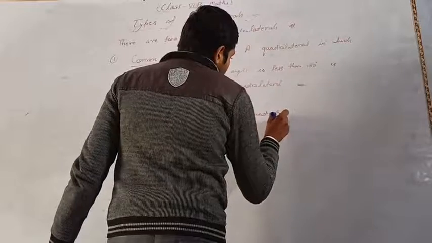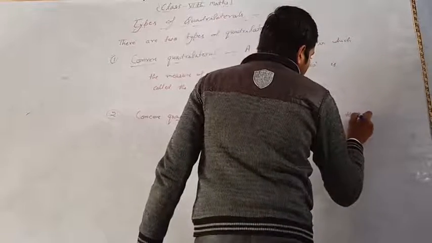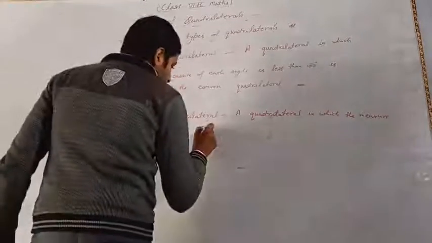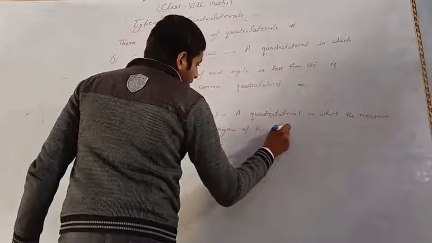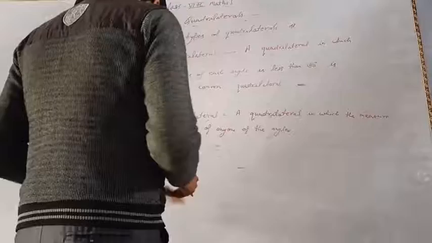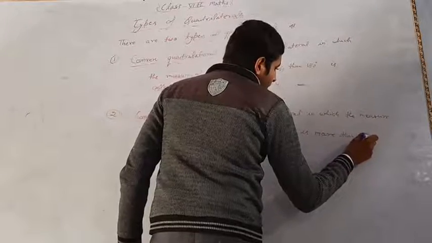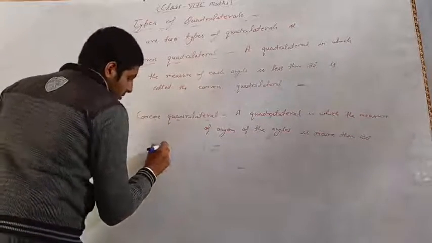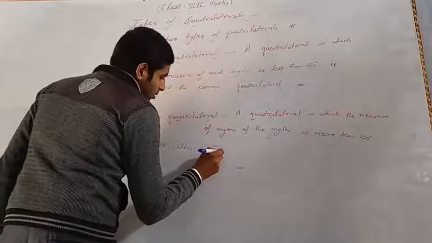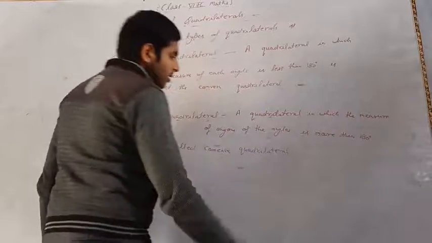A quadrilateral in which the measure of any one of the angles is more than 180 degrees is called a concave quadrilateral.